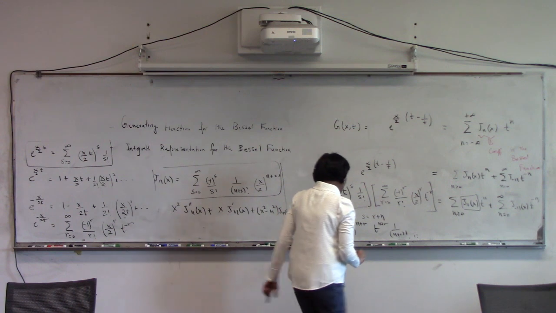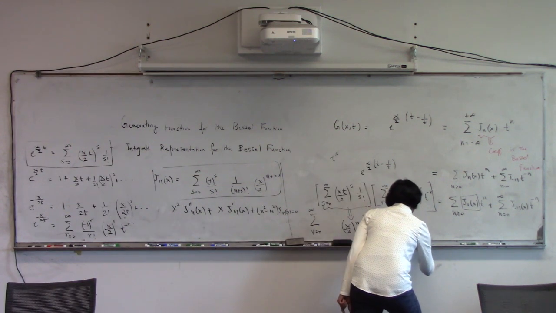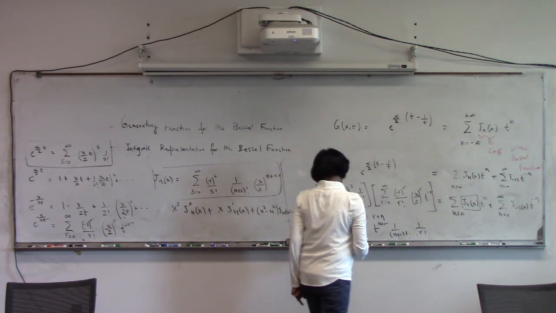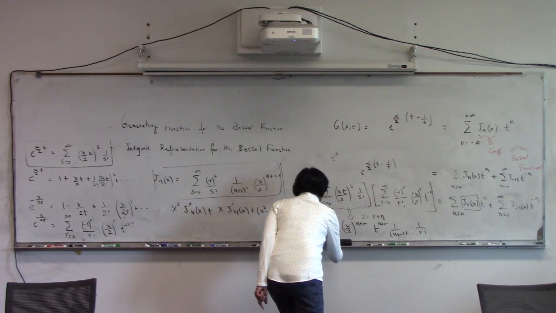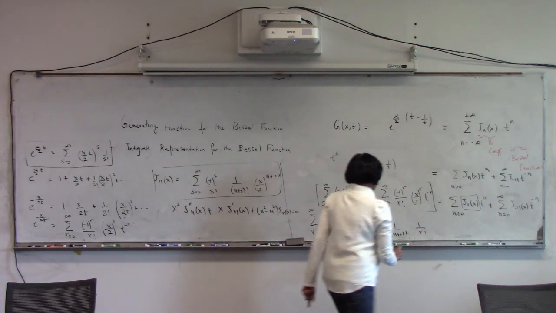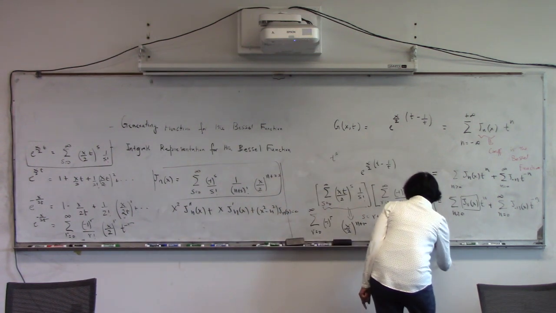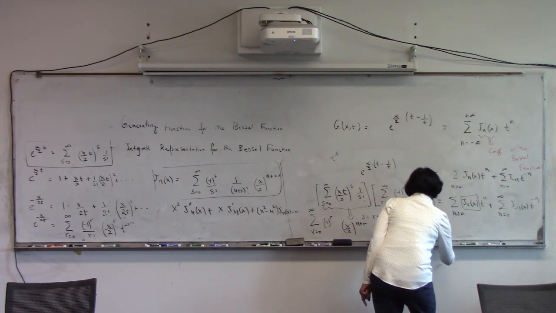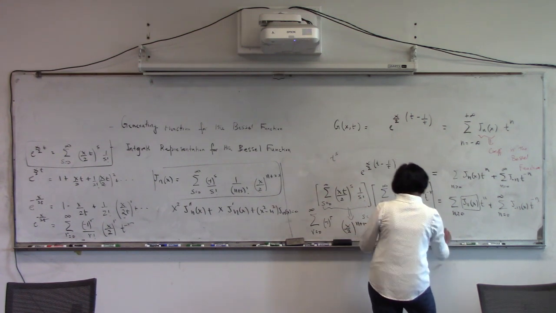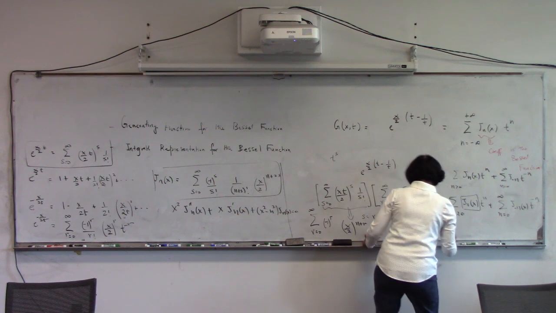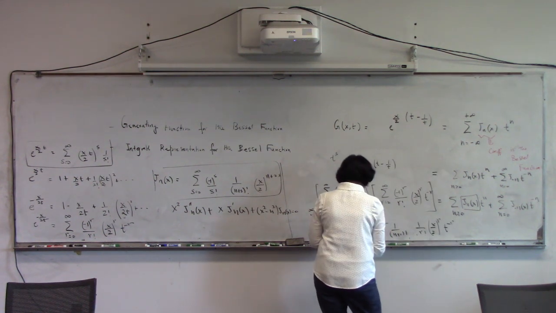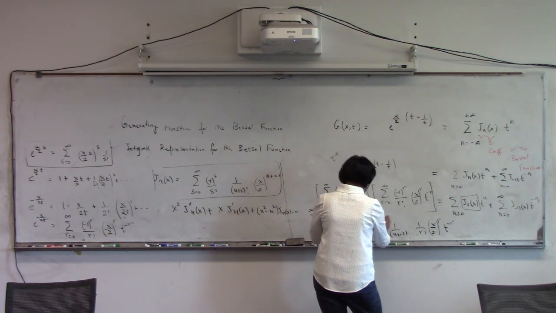I don't have to do anything there. I have 1 over r factorial, and I'm going to keep minus 1 to the power of r there, (x/2) to the power of r, and this t to the power minus r will cancel with the other one. So it will become t to the power n. Only in this summation I have to put s equal to r plus n.